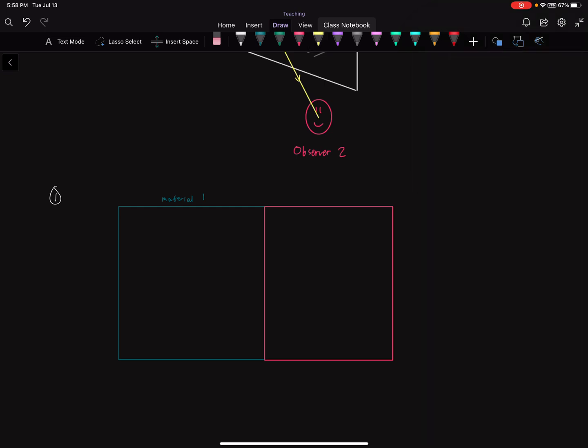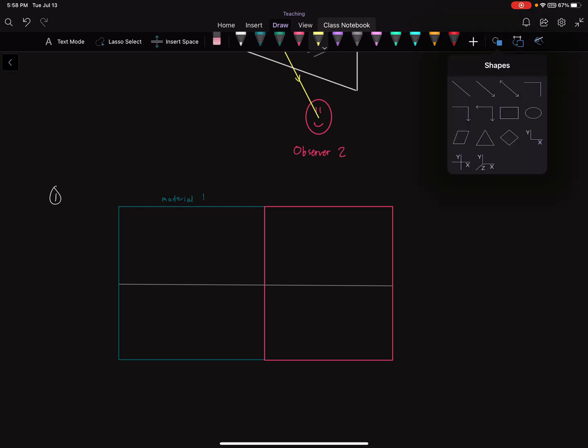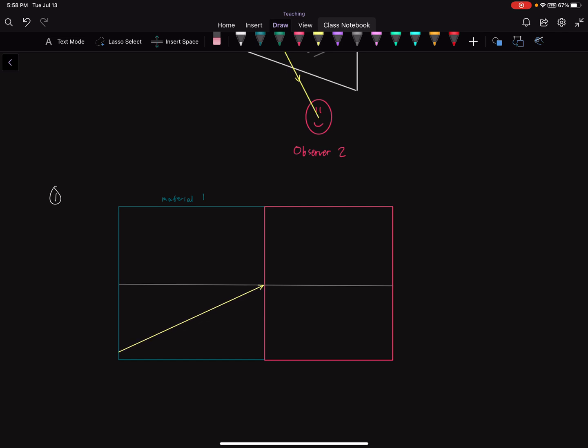Let me do this first. The normal to the surface is something like this, right? So if we have a ray approaching like this, and it hits that interface right there, it makes an angle theta sub I for incident.